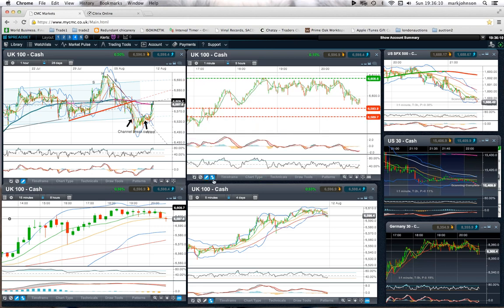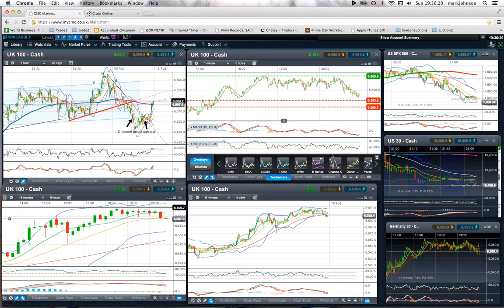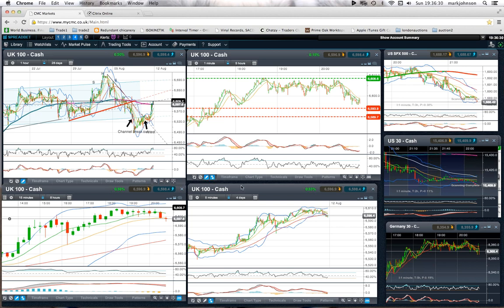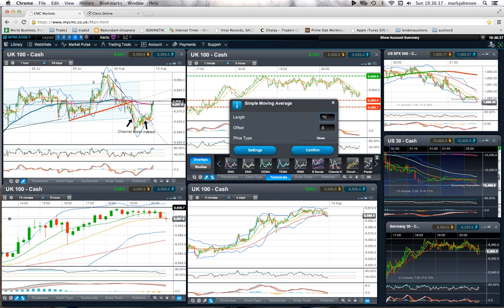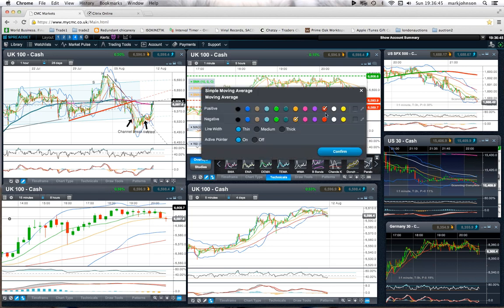I have a 20 SMA in amber. And then I have one more, a 50 SMA, in red.